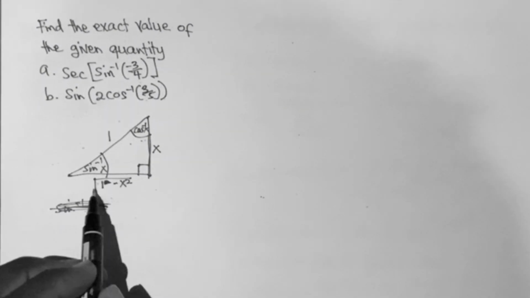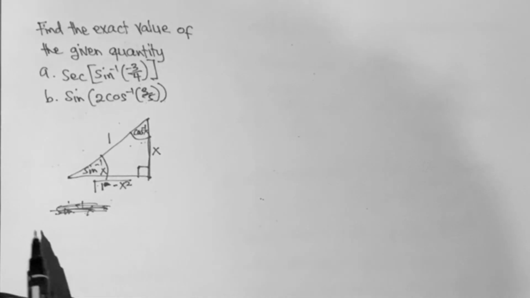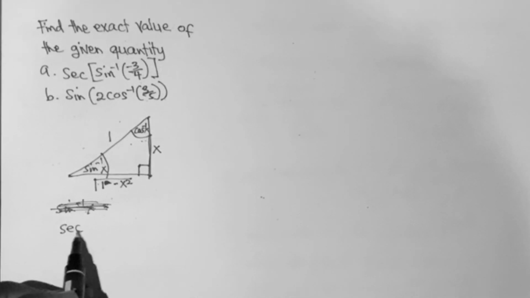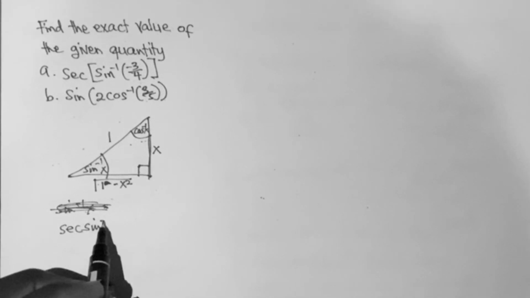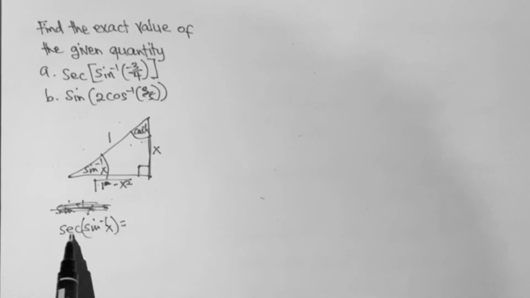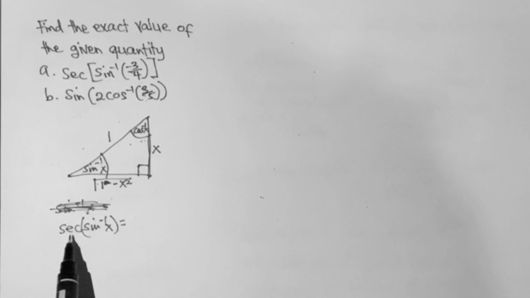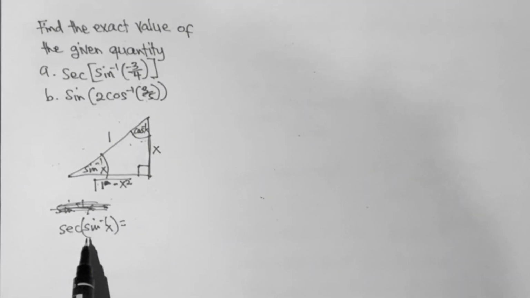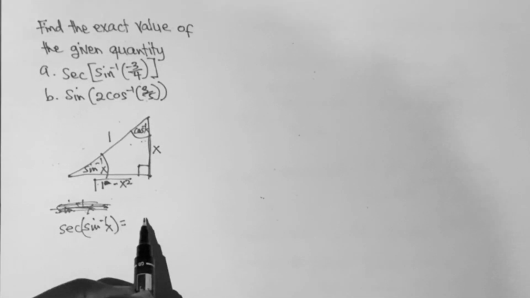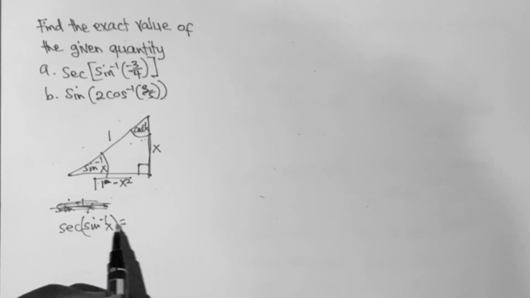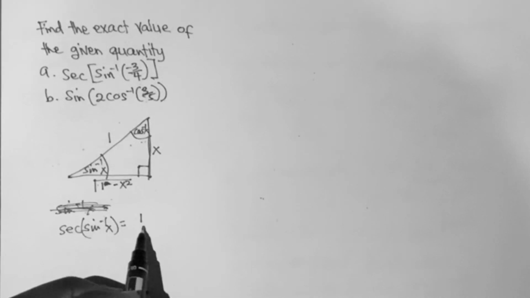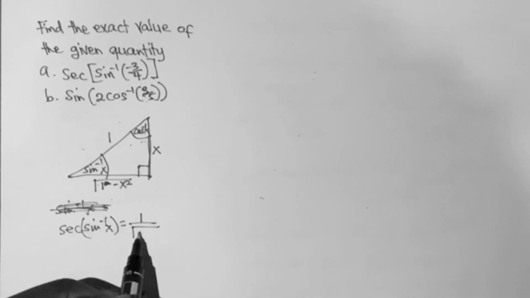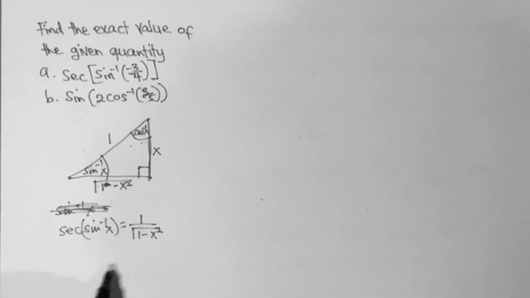Based on this, we can write the value for sec of sine inverse. So sec of sine inverse of x is equal to, now sec is 1 over cos, and cos is adjacent over hypotenuse. So since it is now 1 over cos, it's going to give us hypotenuse over adjacent. And since it's hypotenuse over adjacent, it's going to give us 1 divided by square root of 1 minus x squared.